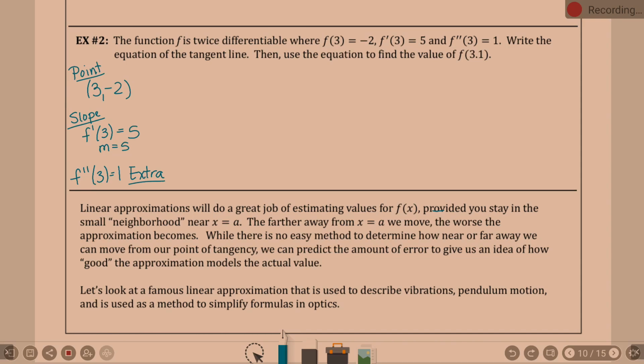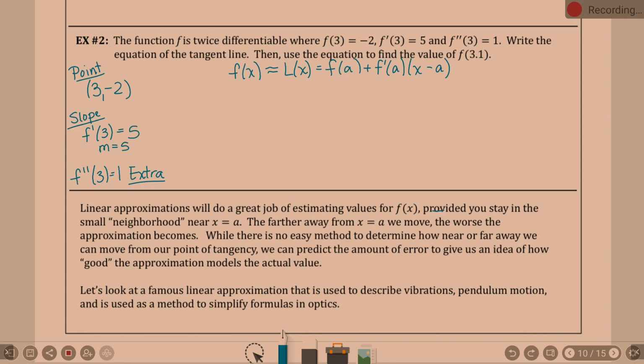Okay. So write the equation of the tangent line, then use the equation to find f of 3.1. So if you go back up to the previous page, they give you f of x is approximately L of x, which equals f of a plus f prime of a times x minus a.